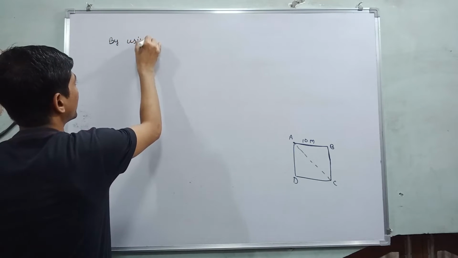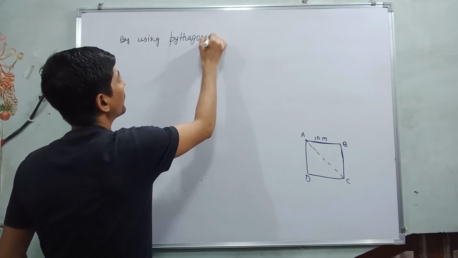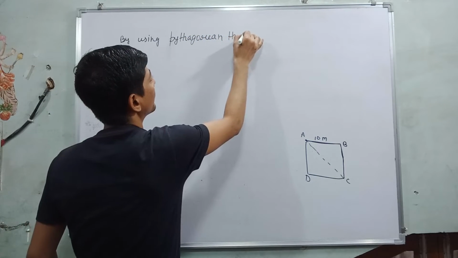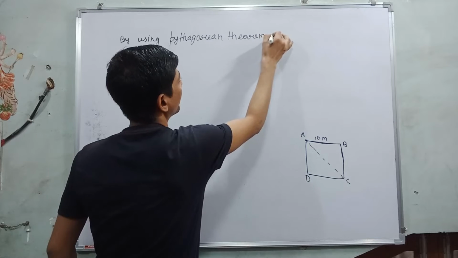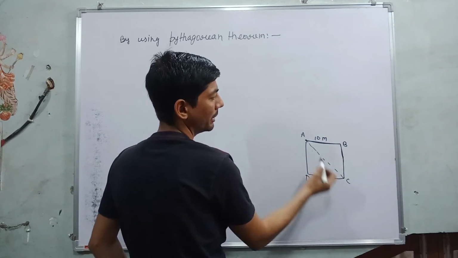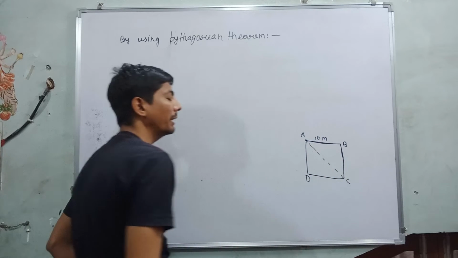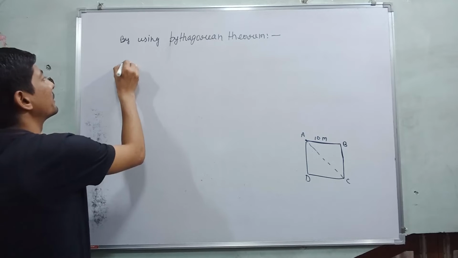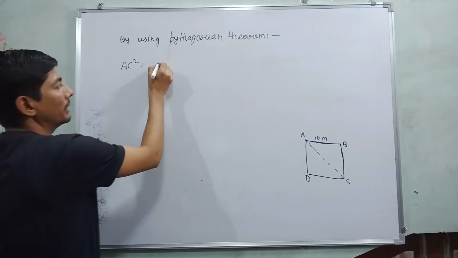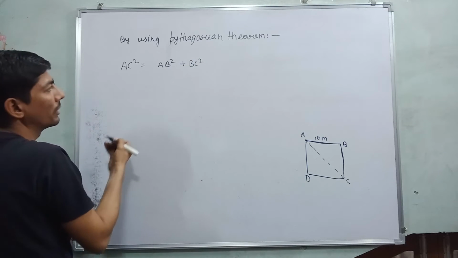By using the Pythagorean theorem, we apply it in triangle ABC. There AB and BC are base and perpendicular, and AC will be the hypotenuse. So here AC square is equal to AB square plus BC square.